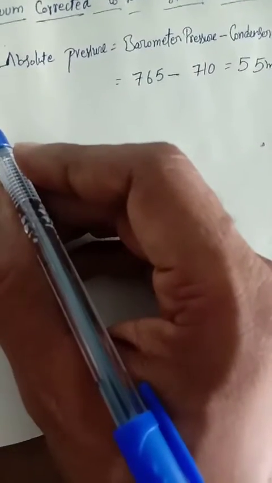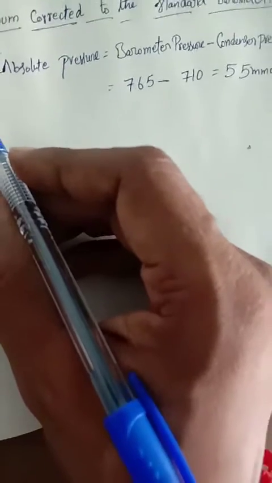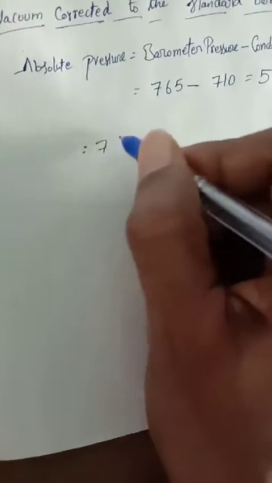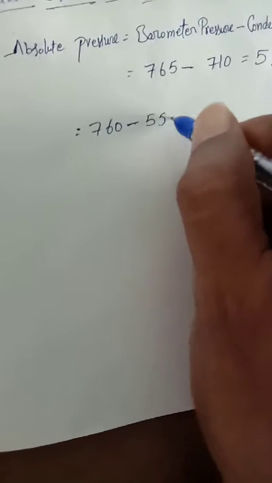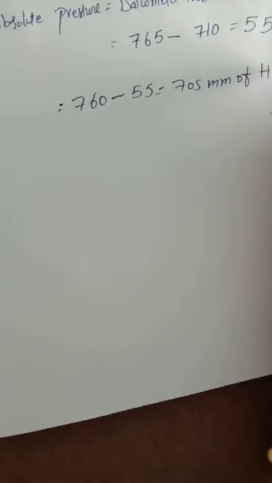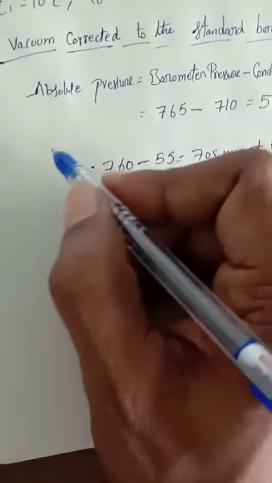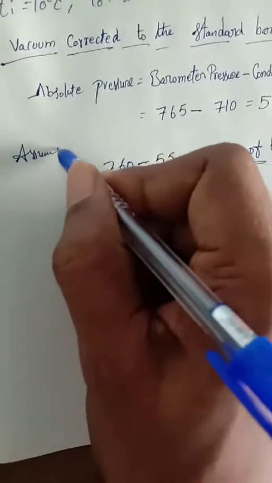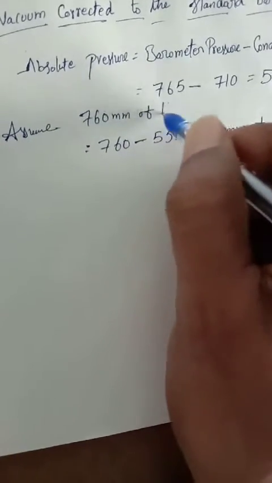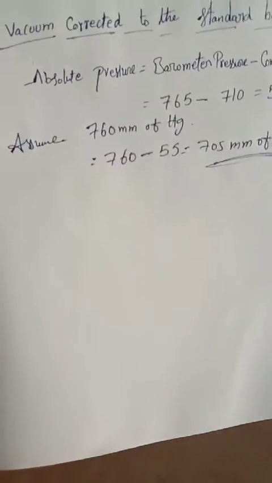So vacuum corrected to the standard barometer reading, assuming 760 mm of Hg barometric pressure, is 760 minus 55 is equal to 705 mm of Hg. This is the answer.